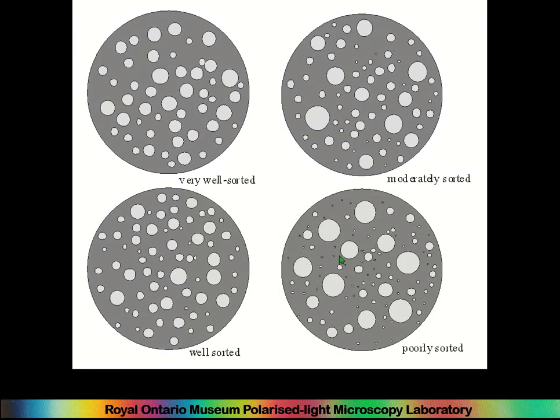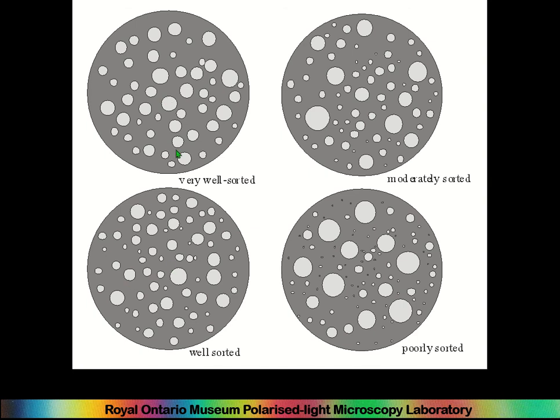And also, this is quite useful. This is actually a graphic I made, and if you read the manual, it shows you how this is related to well-defined parameters defined by sedimentologists. The degree of sortedness of grains is an important way of defining what you're looking at.